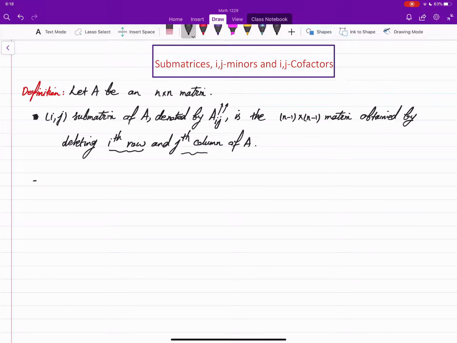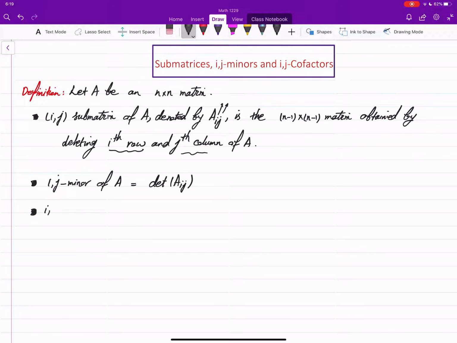How about the ij minor? The ij minor of A is the determinant of the submatrix Aij. So the submatrix you find by deleting row i and column j, find the determinant of that, that's the ij minor.